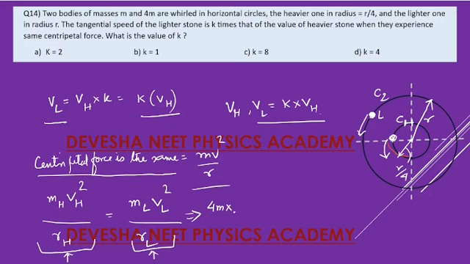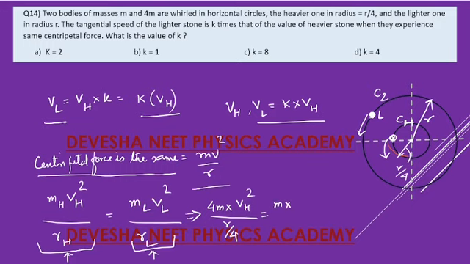So I can write 4m into VH square divided by, now what is RH? The radius of the circle of the heavier one is R by 4. This is equal to the lighter one, whose mass is m.